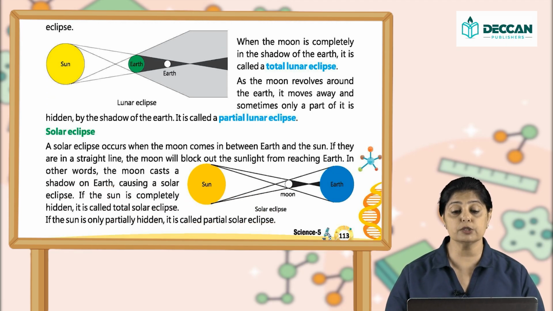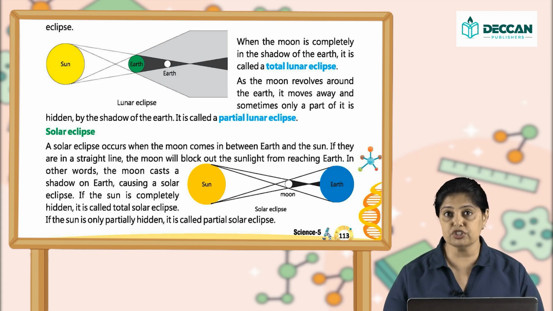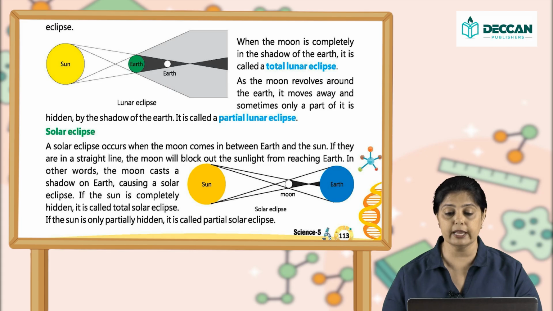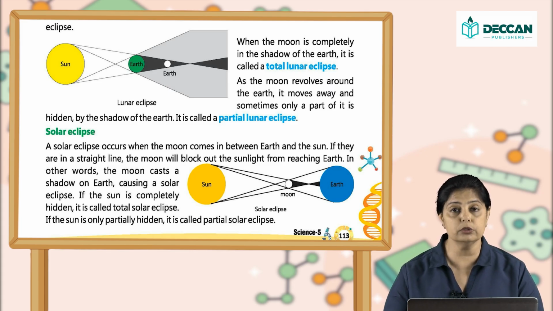Now, a solar eclipse occurs when the moon comes in between the earth and the sun, if they are in a straight line. If they are in a straight line, the moon blocks out the sunlight from reaching the earth. In other words, the moon casts a shadow on earth which causes a solar eclipse. If the sun is completely hidden, it is called a total solar eclipse. So, in the lunar eclipse, the moon is hidden because the earth is coming between.